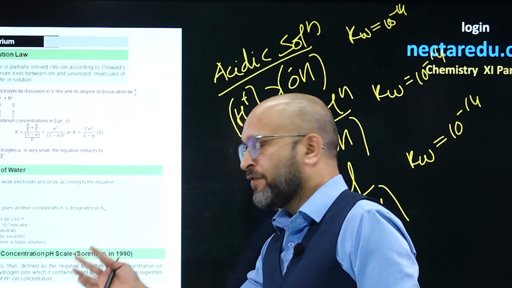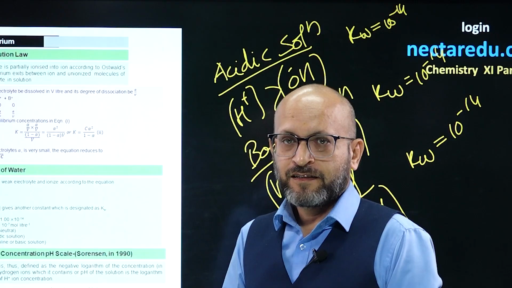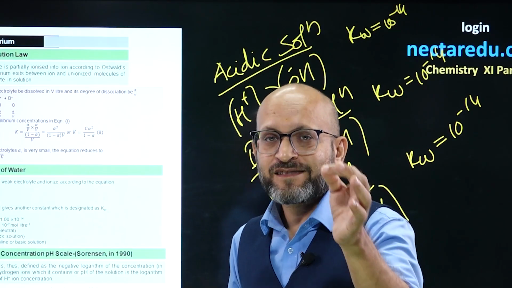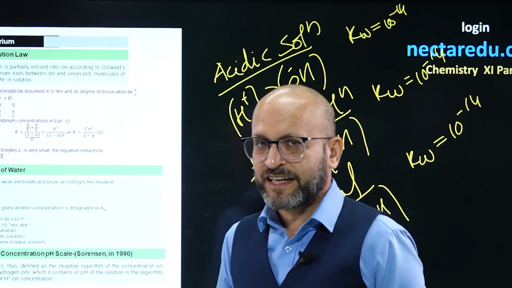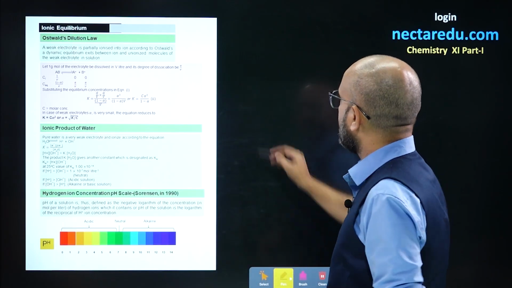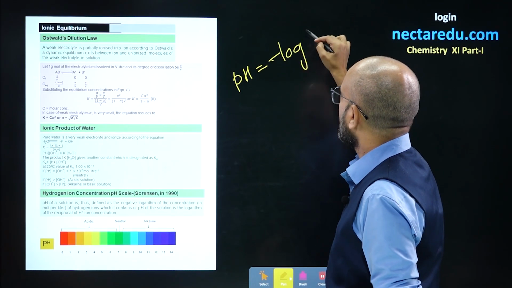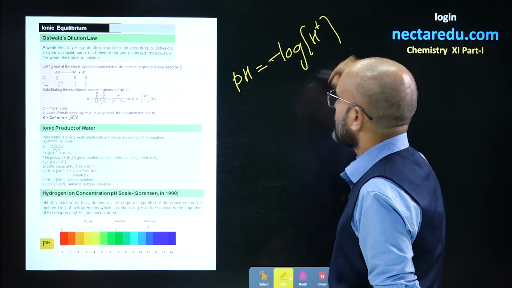Now we have the pH scale. Who gave this scale? The name of the scientist was Sorensen. So what is pH? pH is equal to negative logarithm of H plus ion concentration.